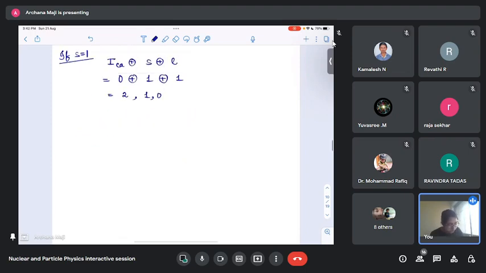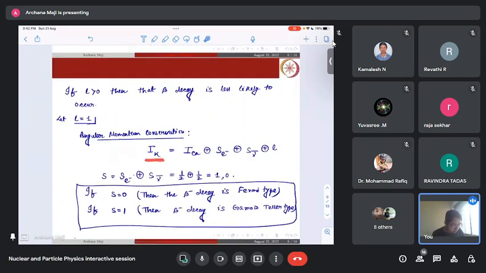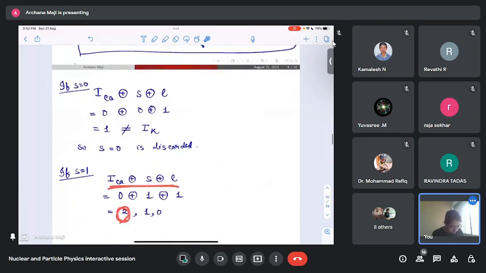So we are getting value 2 from the right hand side, and angular momentum of potassium is 2, so S equal to 1 is possible.